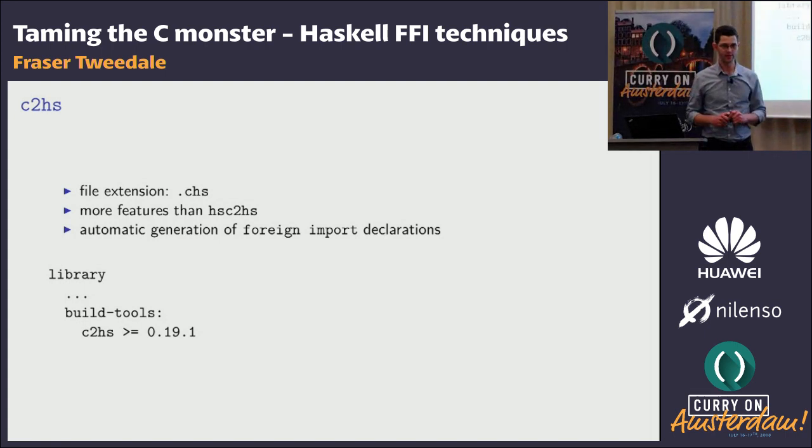Cabal does know what to do with a .chs file and a .hsc file, so it's aware of these build tools, but if you use C2HS, you need to specify it as a build dependency.